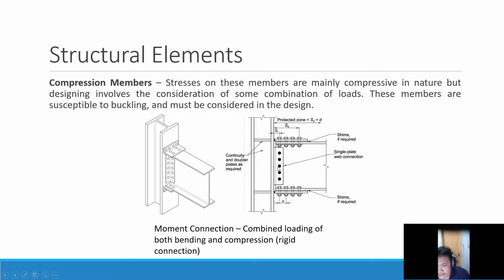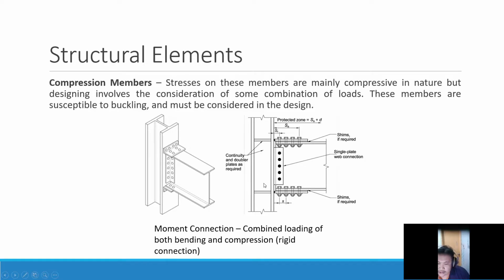As you can see, if the beam is connected on its flange side and its web side, if they are connected in both flange and web, they are considered to be a moment connection or a rigid connection. This connection also transfers bending forces or moments to this column.